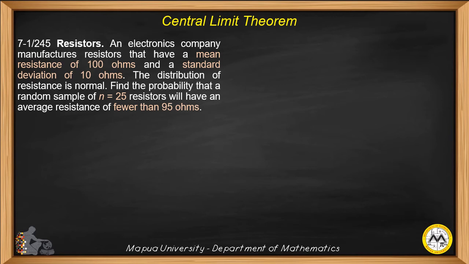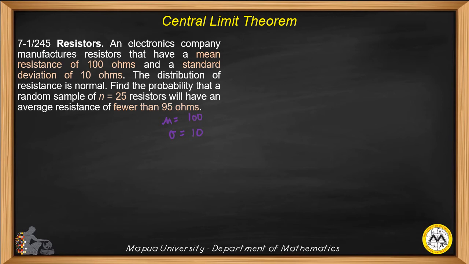Let us have this example. Resistors. An electronics company manufactures resistors that have a mean resistance of 100 ohms and a standard deviation of 10 ohms. What does this problem tell us? That the mean is 100 and the standard deviation is 10.